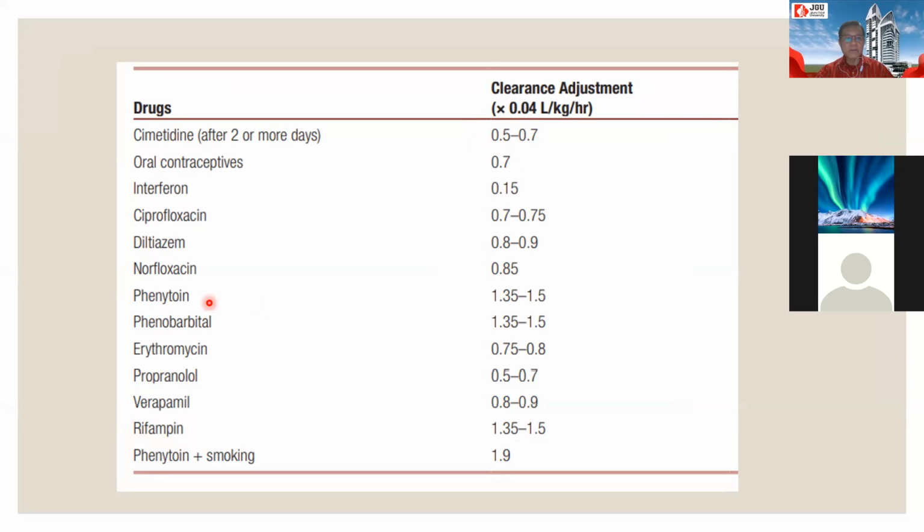Those inducers like phenytoin and phenobarbital make it a bit higher. Erythromycin is an inhibitor, propranolol is an inhibitor, verapamil not so much, so a bit lower also, but rifampicin will be higher.